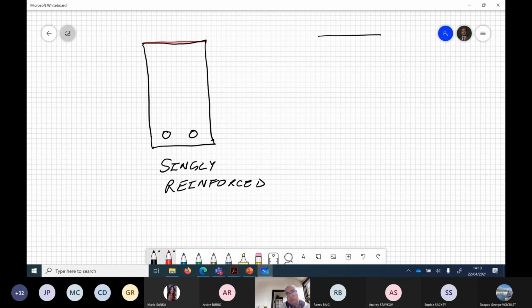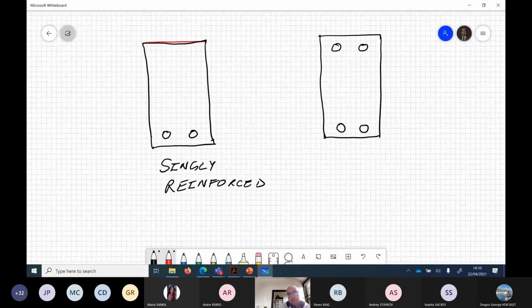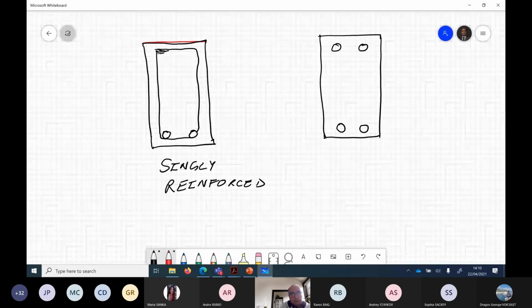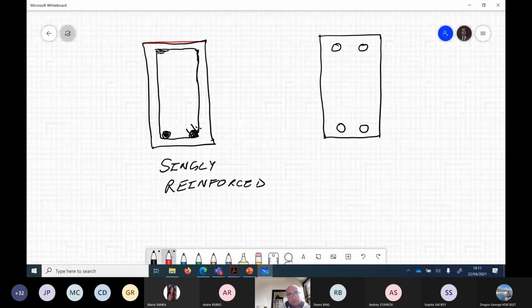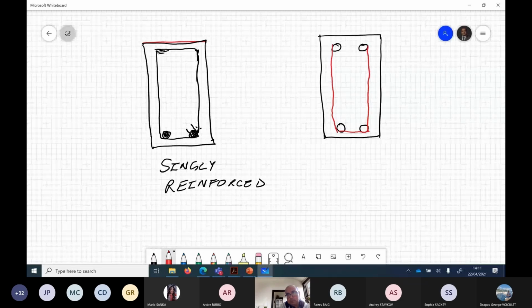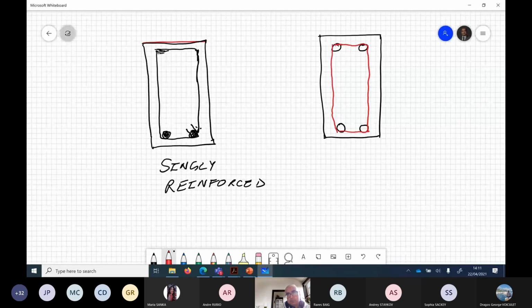And in doubly reinforced concrete beams, you will have bars at the bottom and bars at the top as well. And certainly you will have stirrup as well over here. But if you only have these bottom bars, then this is termed as singly reinforced concrete beam. But if you have these top and bottom bars both, then it is doubly reinforced concrete beam.